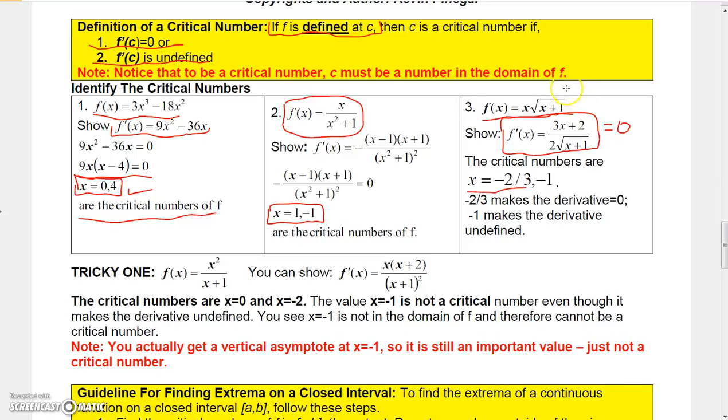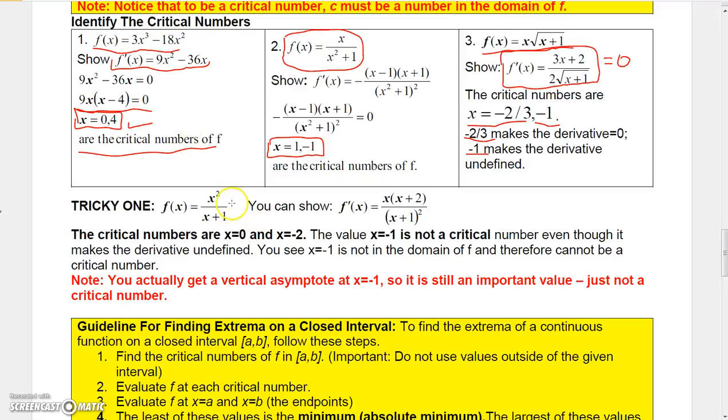And then if you want to know where this function is undefined, set the bottom equal to 0, in other words, see what makes the denominator 0. Of course, you can probably easily see that if x is negative 1, the denominator is 0, so that would make it undefined. So negative 2/3 makes the derivative 0, and negative 1 makes the derivative undefined. Those are both actually critical numbers.